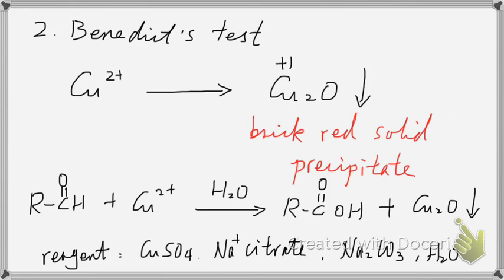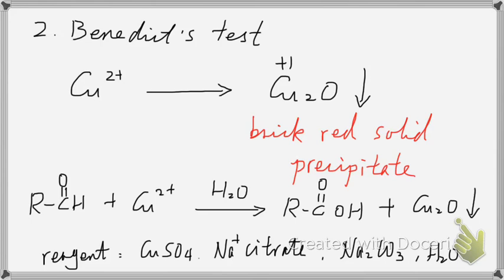And this reaction is actually the reaction used in the hospital to test the blood sugar level or the urine sugar level in patients, mainly the diabetic patients. So previously I've mentioned that sugar molecules have aldehyde functional group.